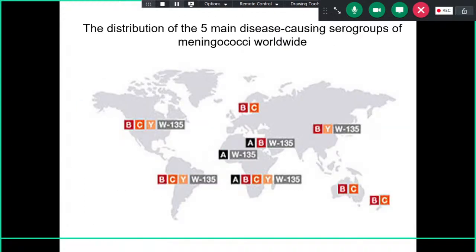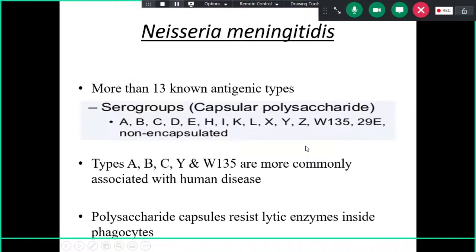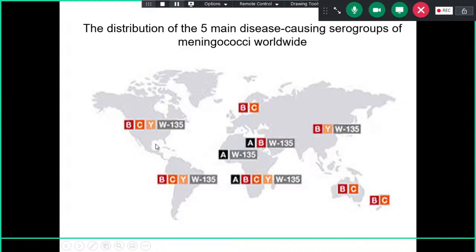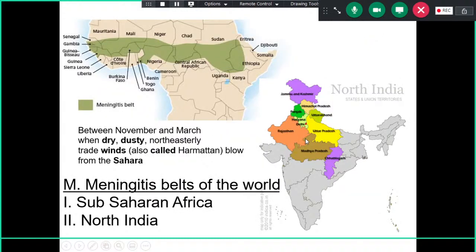If you look at India, it has had subgroup A infection right from 1935, 1965, 1985, and 2005. All the outbreaks of Neisseria meningitidis have been only through subgroup A. Subgroup B and subgroup C are not commonly seen in India. B and C are mostly found in North America and parts of China.